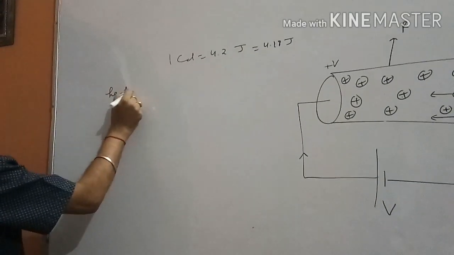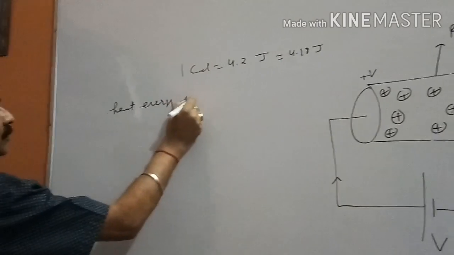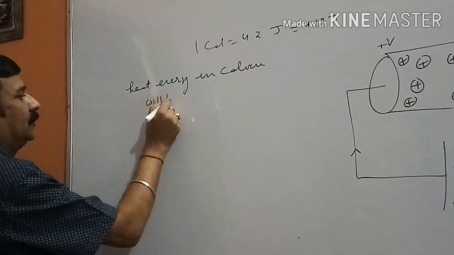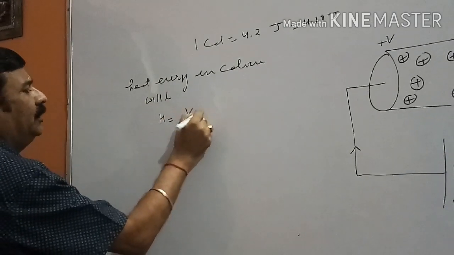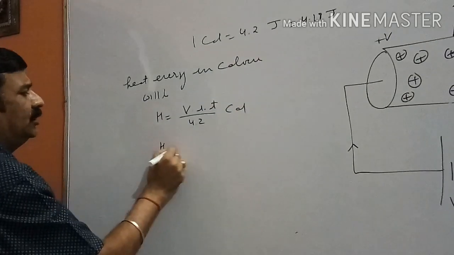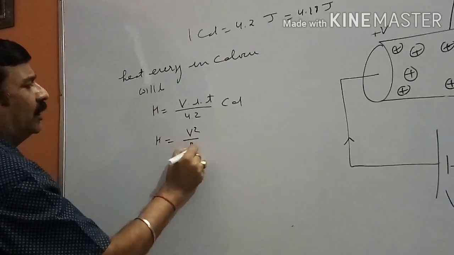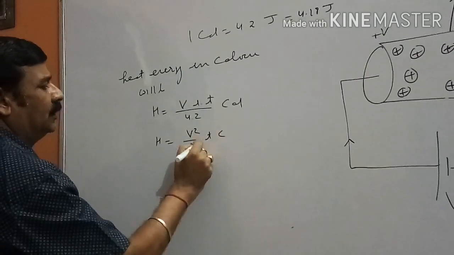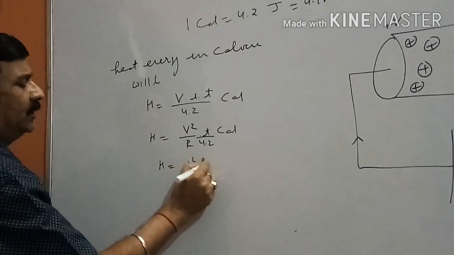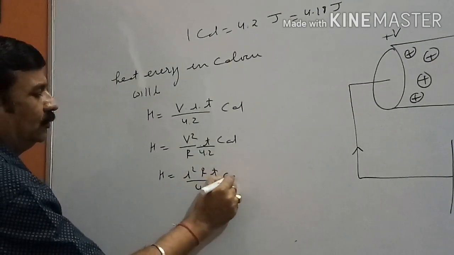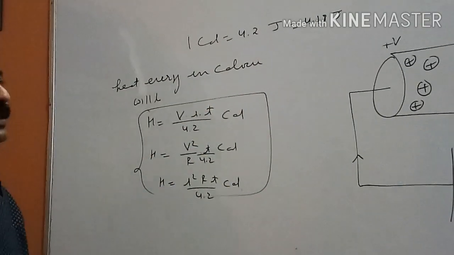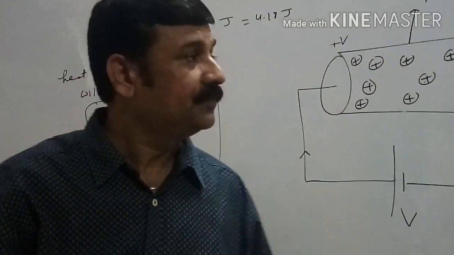Heat energy in calorie will be H is equal to V into I into T upon 4.2, H is equal to V square by R into T upon 4.2, and H is equal to I square RT upon 4.2. So these are the expressions for heat energy in calorie, and earlier we wrote the heat energy expressions in terms of joule.